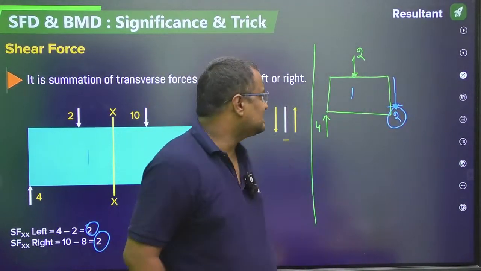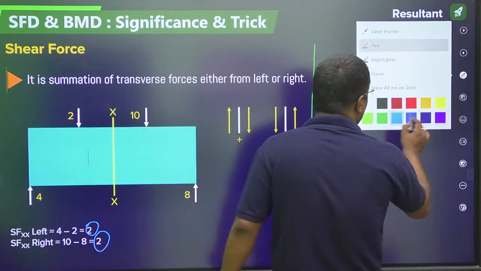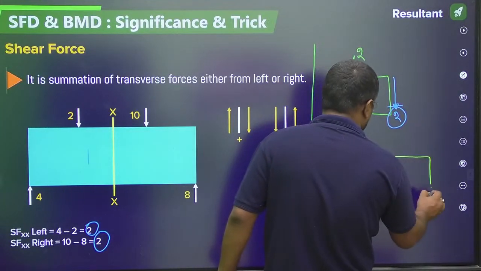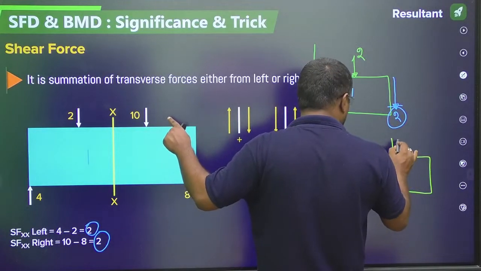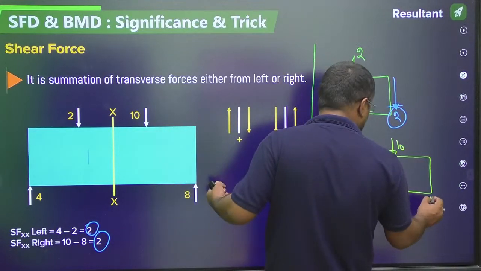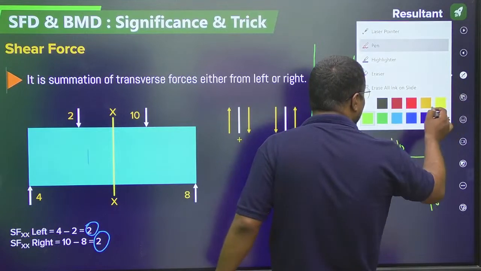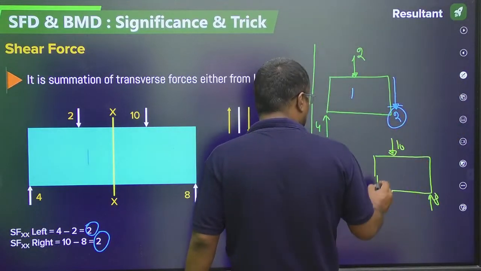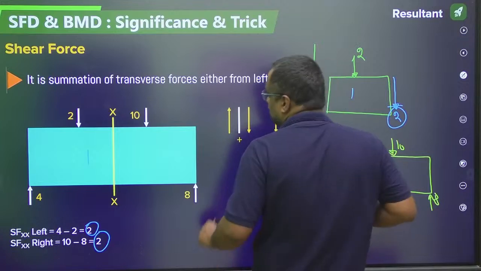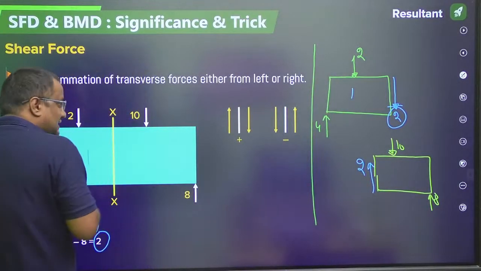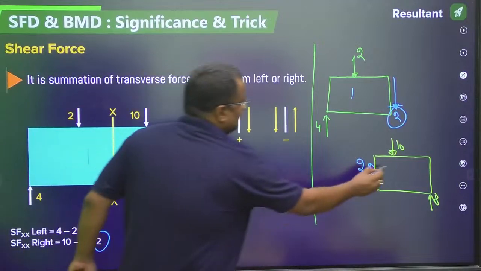You can see from the right hand side also what actually is shear force. From the right hand side, this 10 downward is coming and 8 upward is coming. So for balancing this 10 downward and 8 upward, 2 upward should be coming, right?